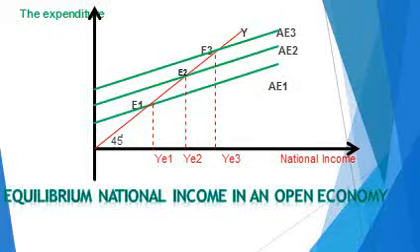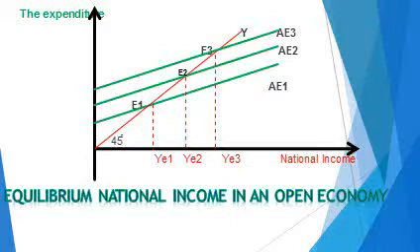According to the open economy, you have another level of aggregate expenditure, referred to as AE3. It's assumed that after foreign trade, you can get an increase in your national income equilibrium.